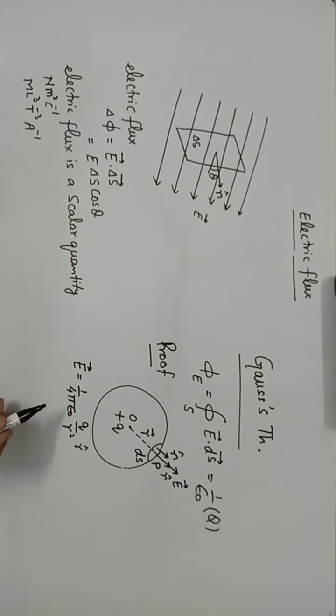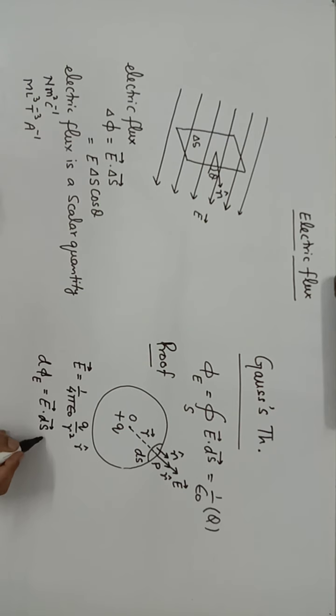Now we consider a small area element ds of the sphere around P. n cap is the unit vector along the outward normal to the area element. So we calculate the electric flux over the area element. So d phi equals E dot ds.